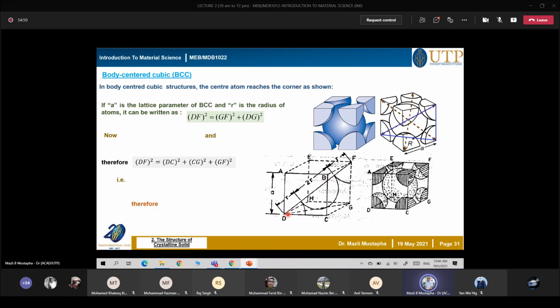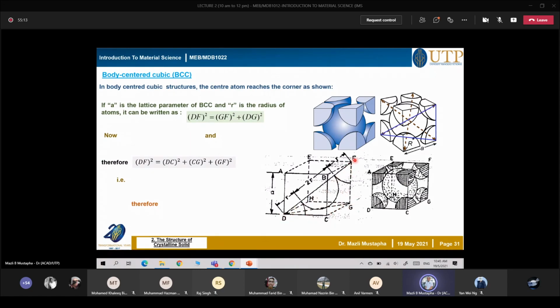If you have any problem, just let me know. There is a relation, I think this is just the theorem that we have learned before. DF squared is just DG squared plus GF squared. I think it's just the triangle.